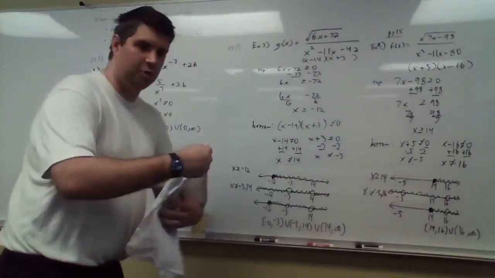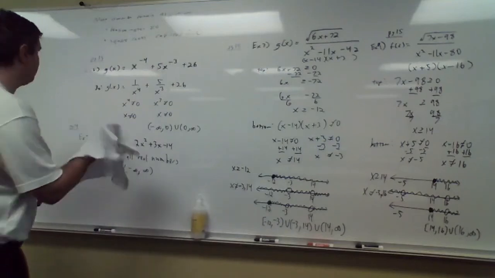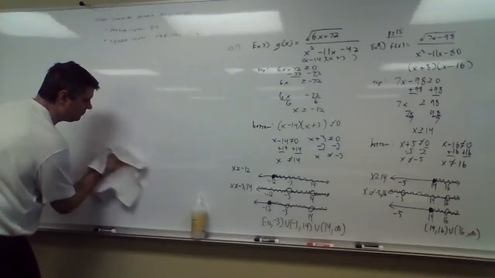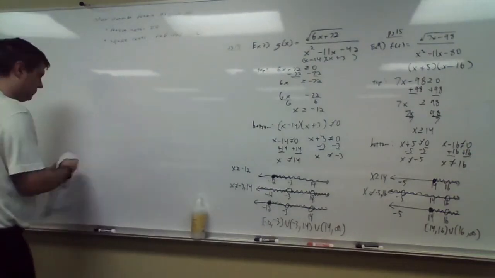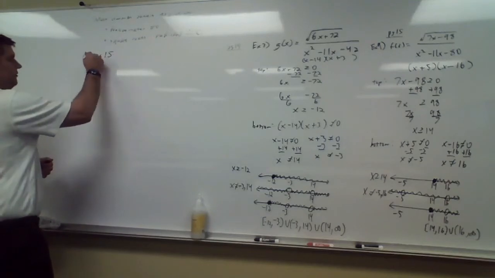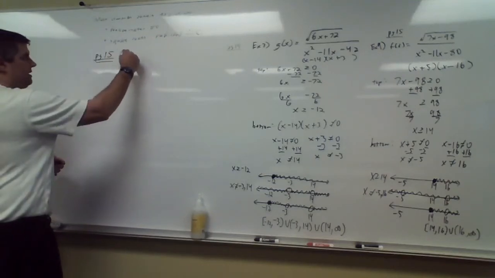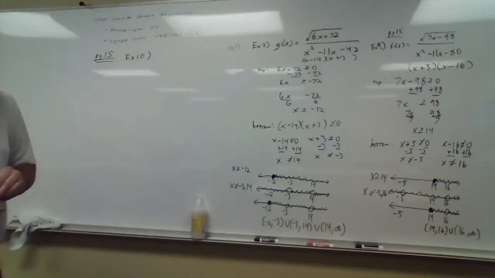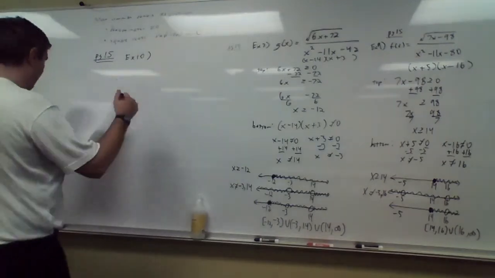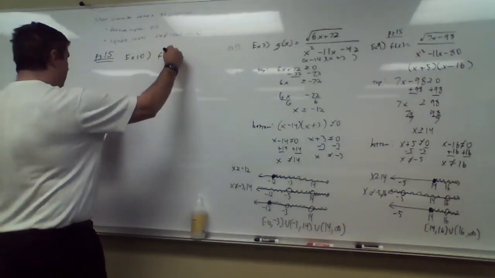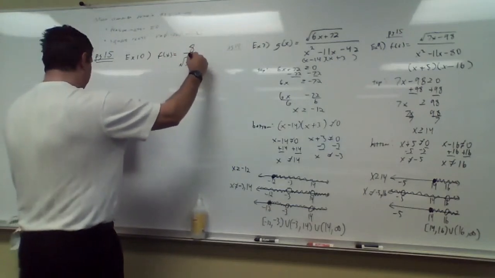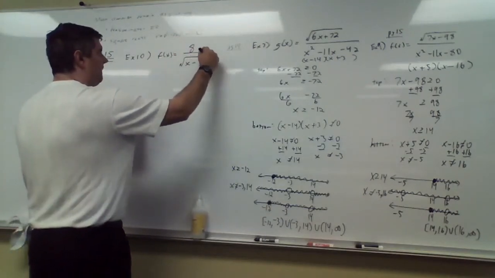I propose to use this one for the final example on page 15. Page 15, example 10. And I believe that function is f of x equals 8 over the square root of x minus 21.